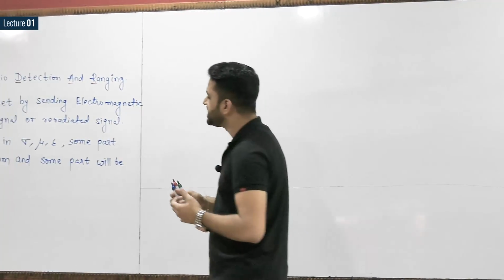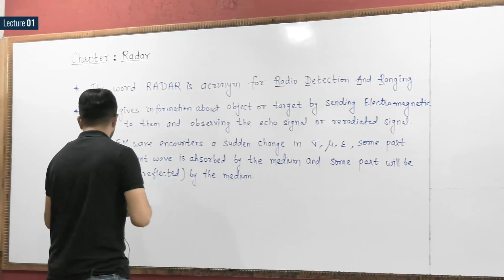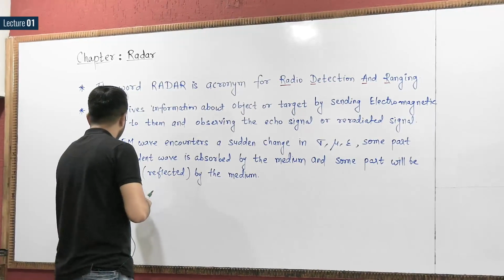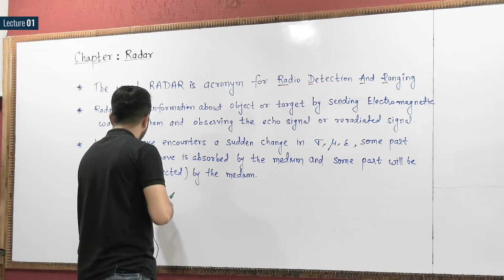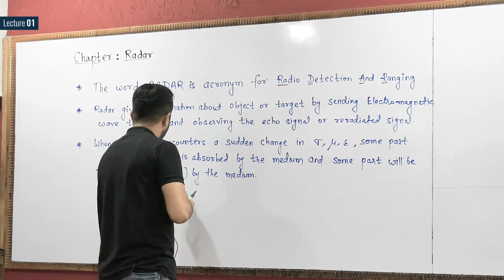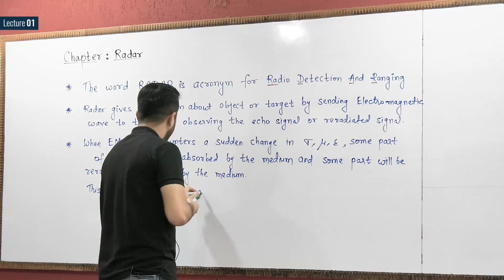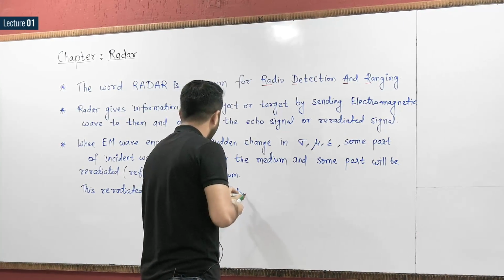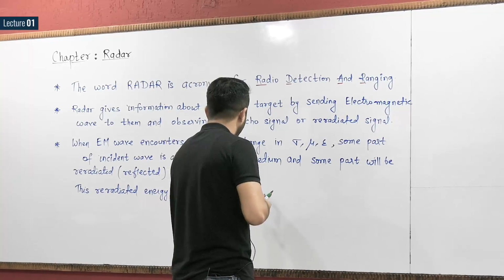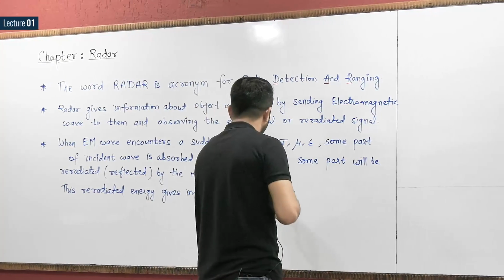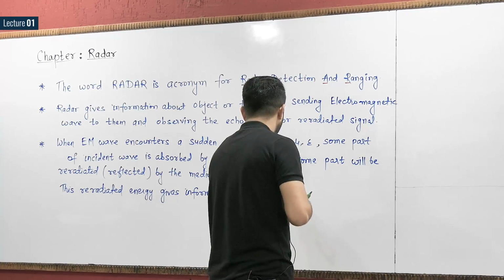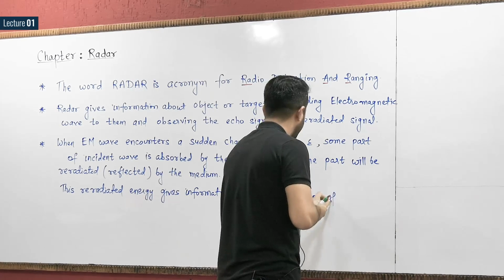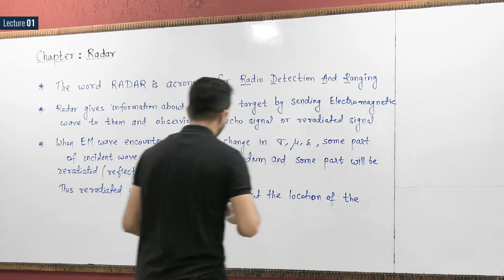So this re-radiated energy gives information about the location of the target and its range.